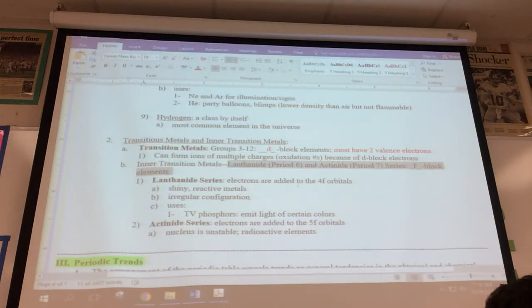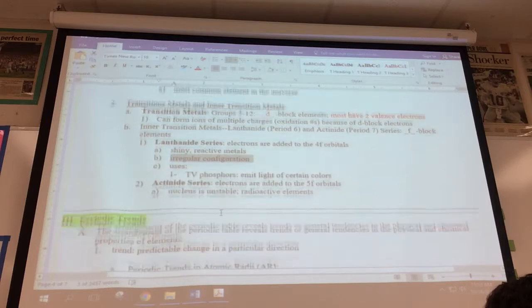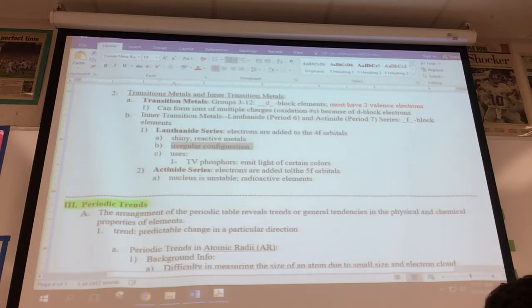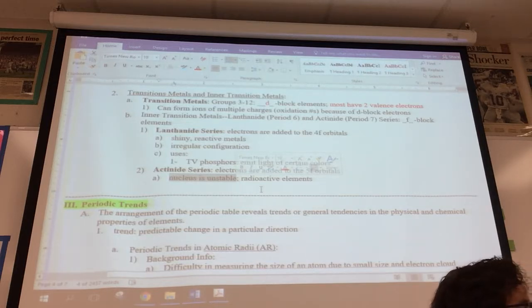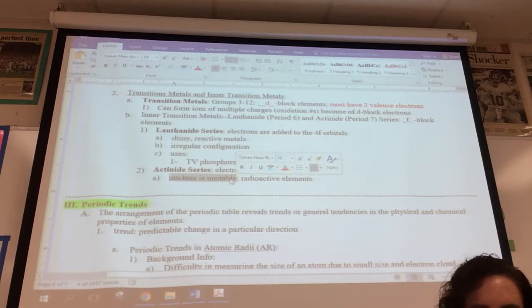In the lanthanide series, electrons are being added to the 4f subshell. These are very reactive metals. They have very irregular configurations of electrons. In TV sets, they emit light of certain colors. The actinide series are your 5f subshell. These have unstable nuclei, so they have radioactive isotopes. But again, be familiar there.